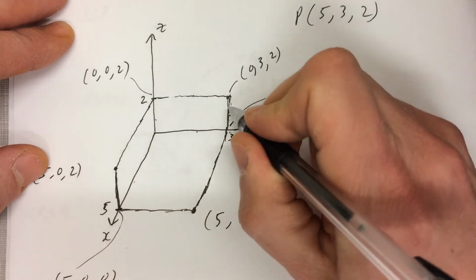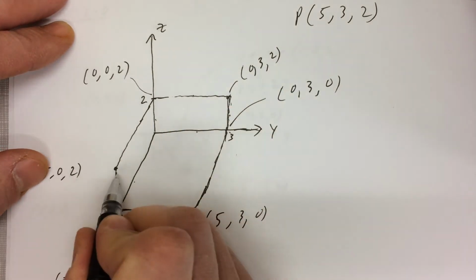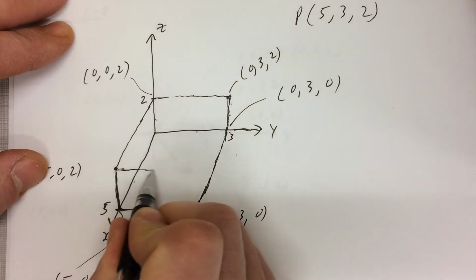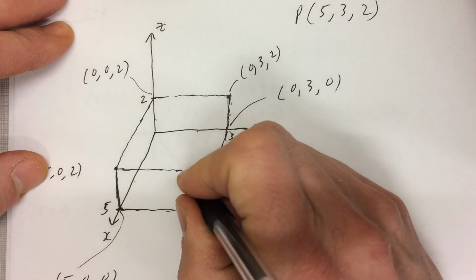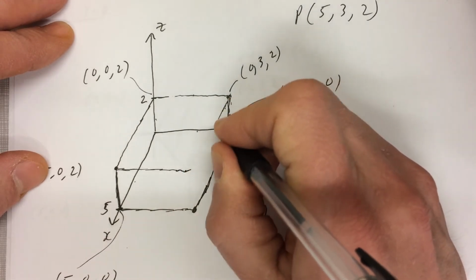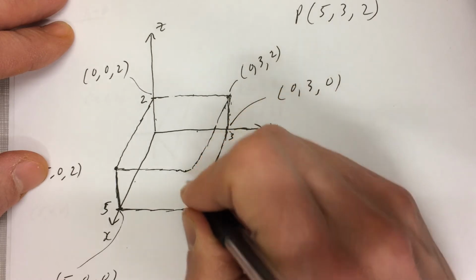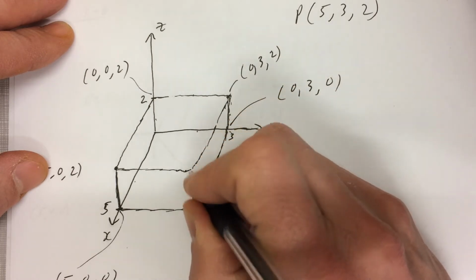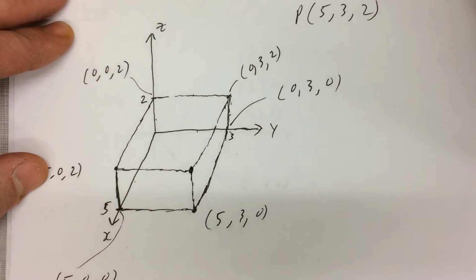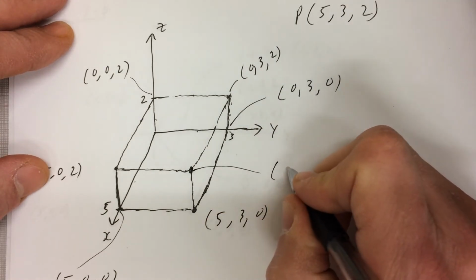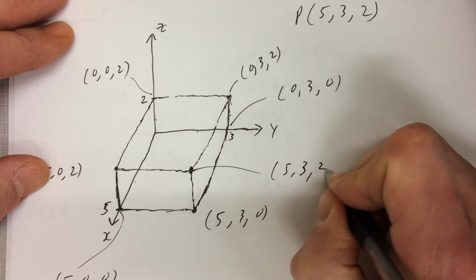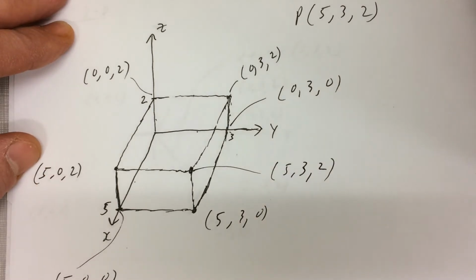And then we're going to complete the top part of this. So I'm going to go over here, down here, complete that, and that point now is 5, 3, 2, and that's how we plot a point in 3 dimensions.